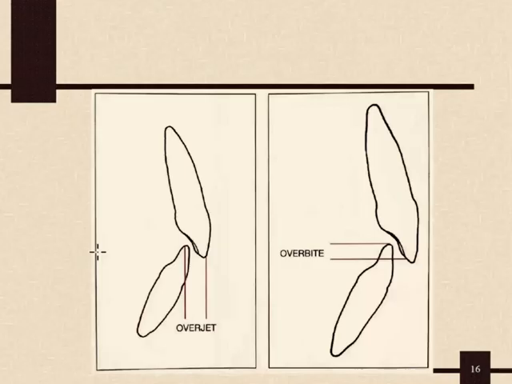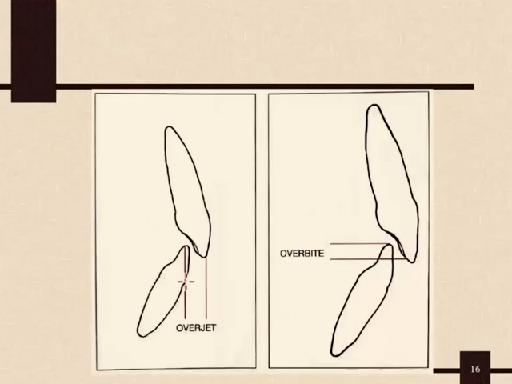This is the relationship between the maxillary central incisor and the mandibular central incisor. This is called a functional relationship between these both.